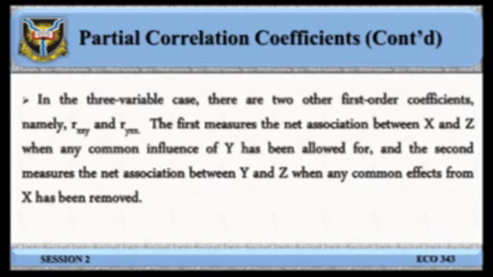In the three-variable case, the first measures the net association between x and z when any common influence of y has been allowed for, and the second measures the net association between y and z when any common effect from x has been removed.